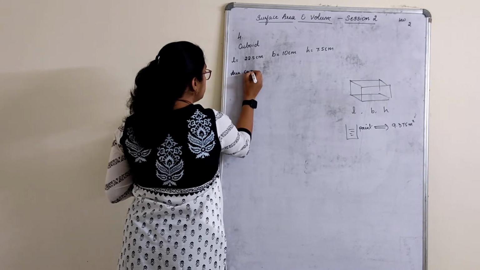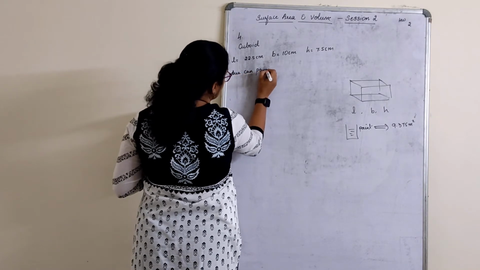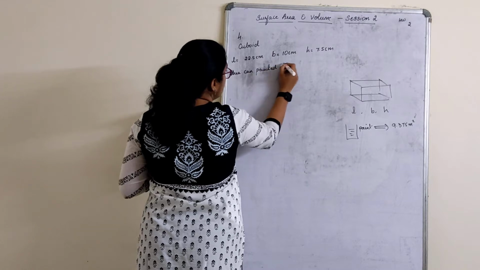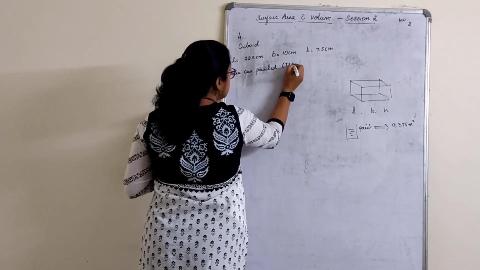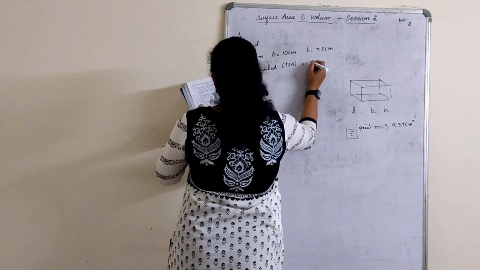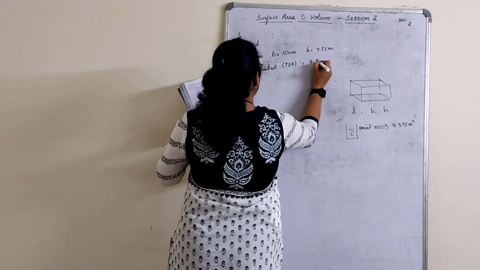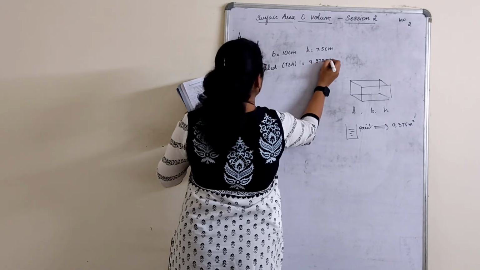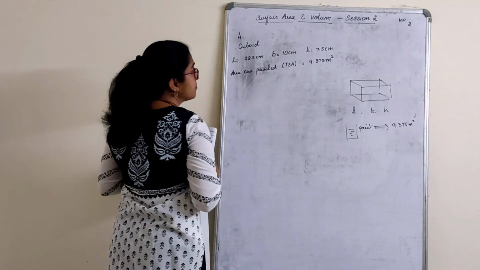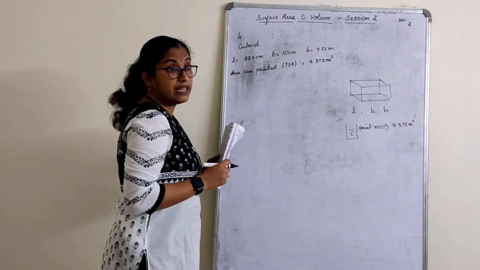Area can be painted. Total TSA is given as 9.375 meter square. Okay. How many bricks can be painted?